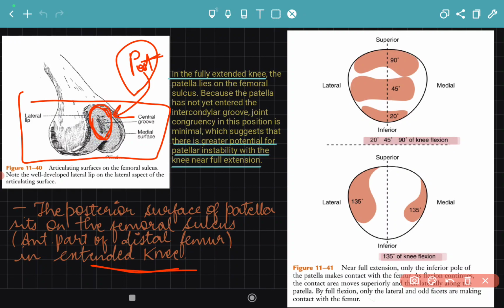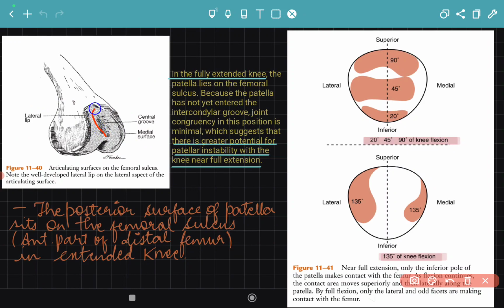And over here, as you can see, if somewhere over here the patella sits, it is on femoral sulcus. It is not occupying this notch or intercondylar groove where it will be mostly engaged with the femur. But in knee extension it is not over here. It is present over here in the femoral sulcus.